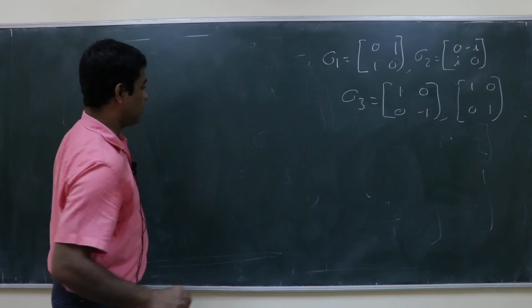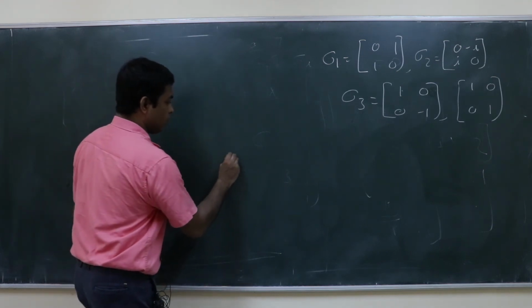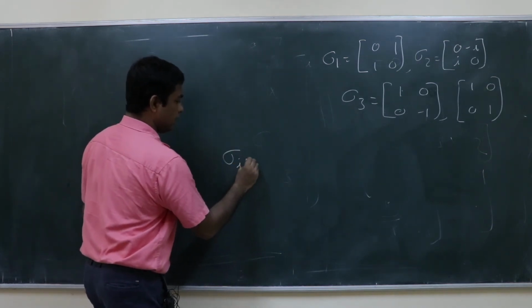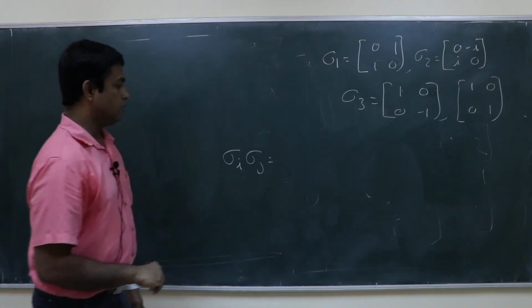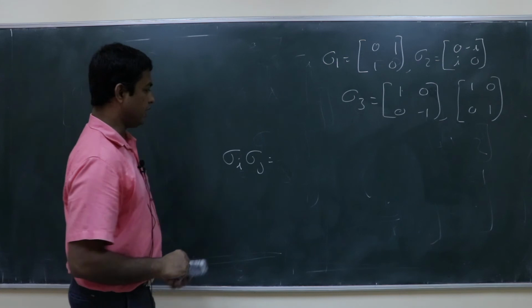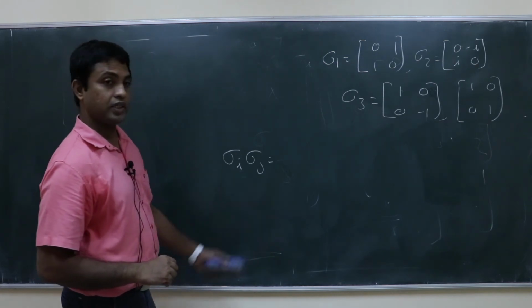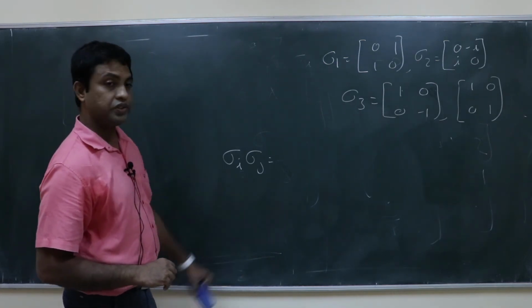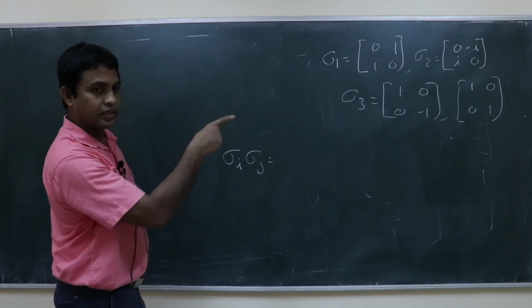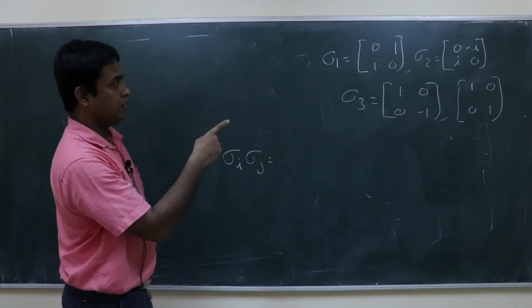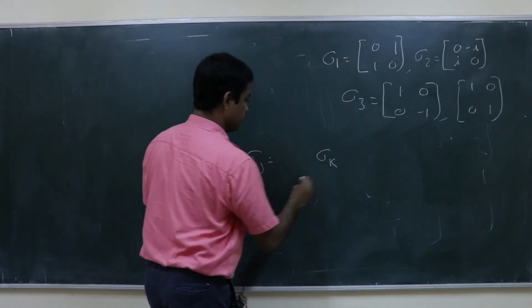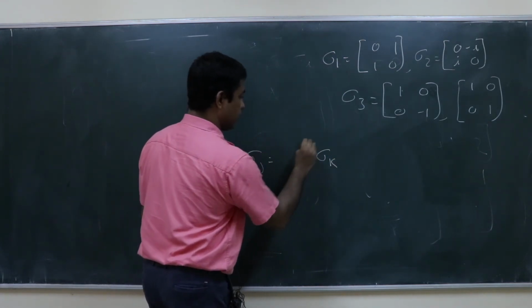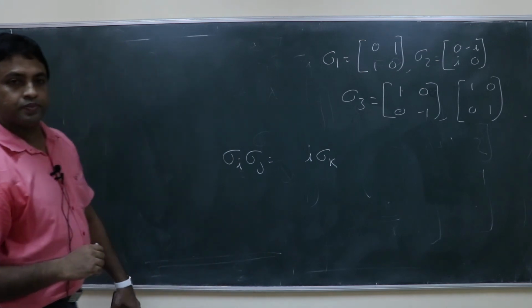Okay. So in general, what is sigma i sigma j equal to? Can anybody tell me what sigma i sigma j is equal to for any i and j? Because you have some understanding now. Sigma k? I sigma k. Is it correct?